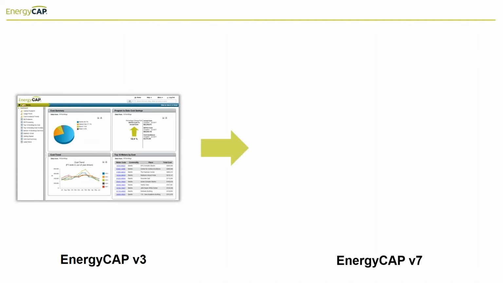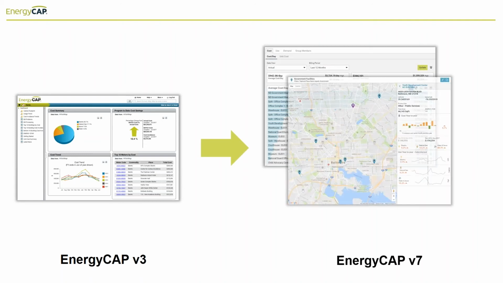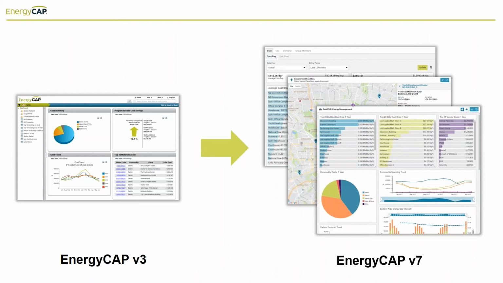And EnergyCAP version 7, however, has been built using HTML5 and some of the latest web technologies. So that's one of the big technical transitions that you'll see between EnergyCAP version 3 and version 7. We'll talk more about some of the technologies used in the back end, but from a user perspective, that's one of the most significant changes that they'll see from a technology perspective.